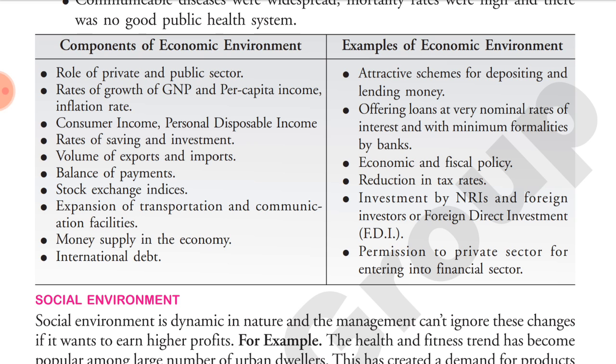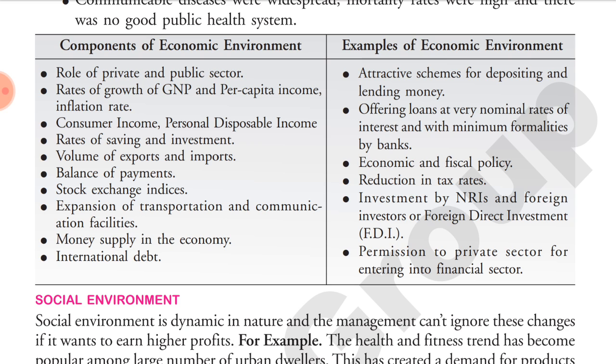So components of economic environment: we have the role of private and public sector, the market economy or the socialist economy. After that, the rates of growth of GNP, that is gross national product, and per capita income, inflation rate, etc. These are also the components or the determinants of economic environment.